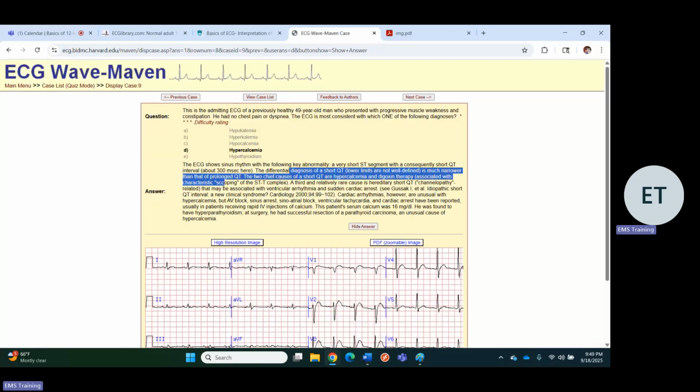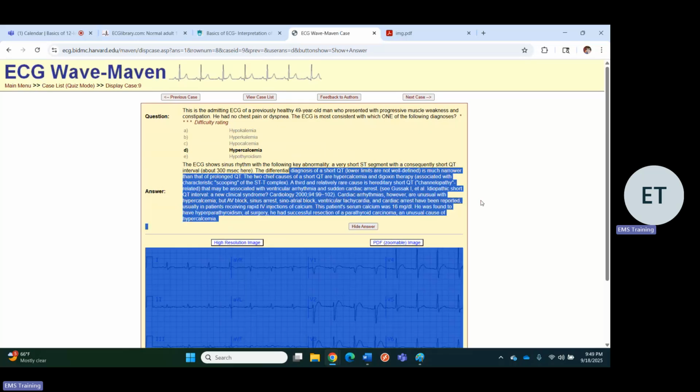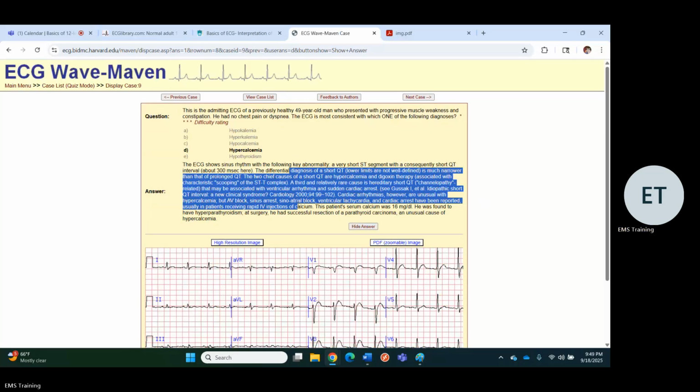It's like torsades. They're referencing something from 2000. Cardiac arrhythmia is, however, unusual with hypercalcemia, but AV block, sinus arrest, atrial block, ventricular tachycardia, and cardiac arrest have been reported, usually in patients receiving rapid IV injections of calcium.